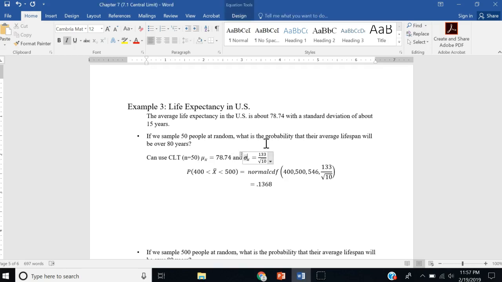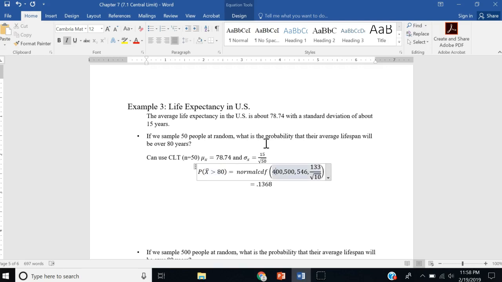And the standard deviation of the samples is going to be our old standard deviation, which is about 15, divided by the square root of 50 because that's my sample size. So it says, what's the probability that the average of this group is above 80 years old?